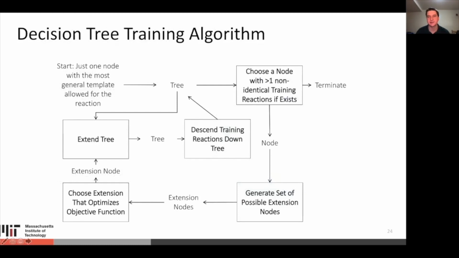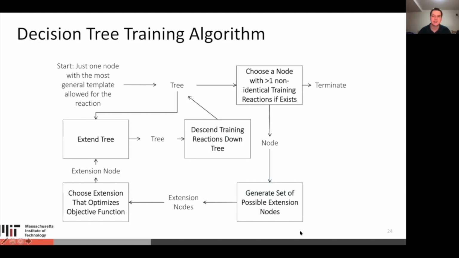These generally operate on the principle that you take the most general template for the rate tree, and you put all of the training reactions at that node because they all match the most general template, of course. Then each iteration, you pick any node in the tree that has training reactions that are splittable.